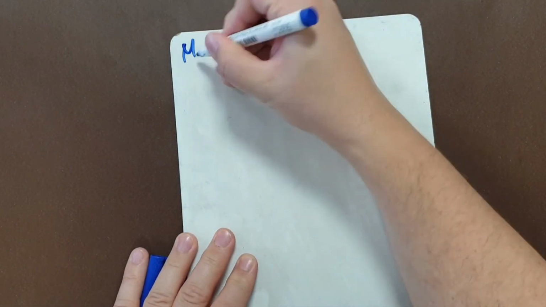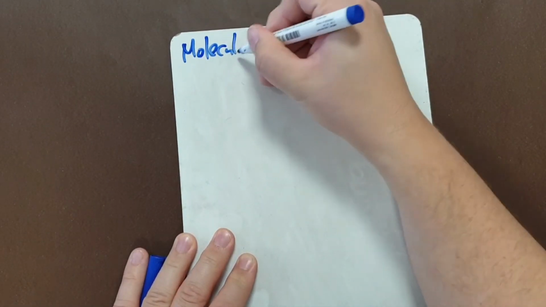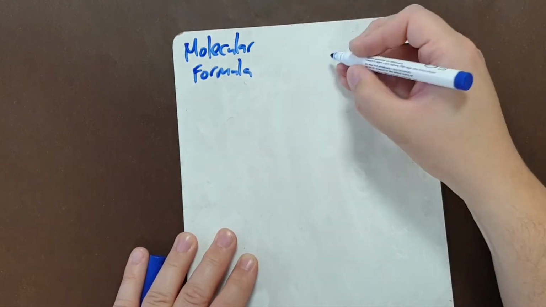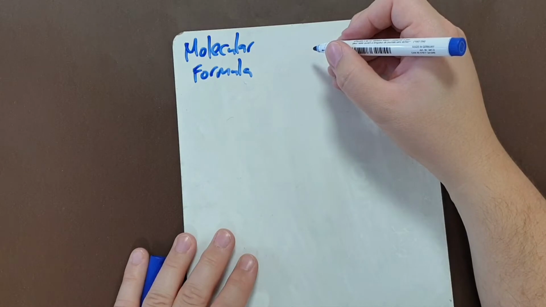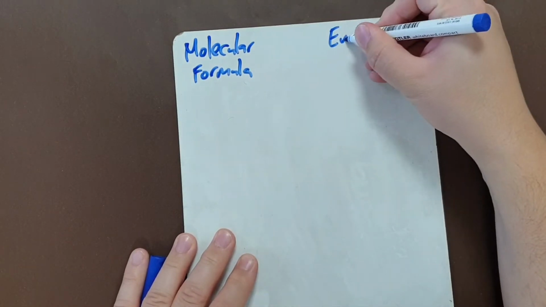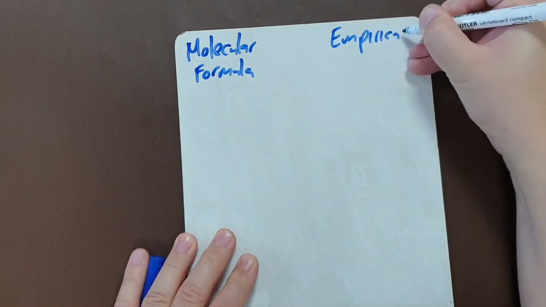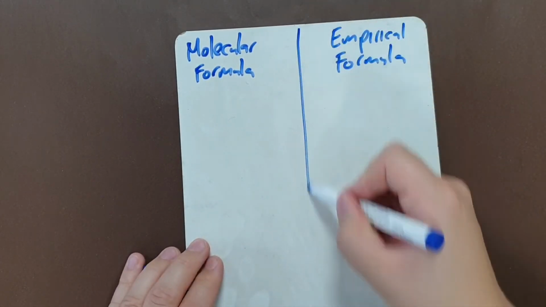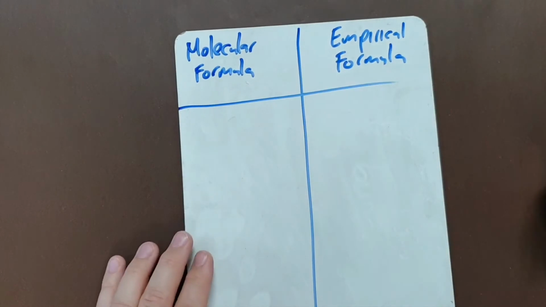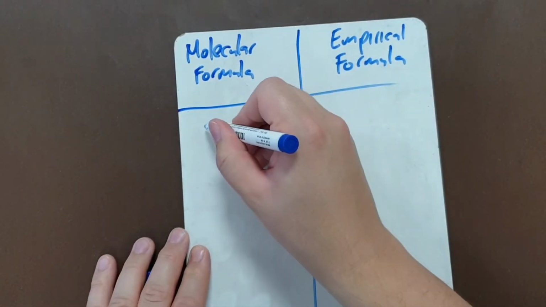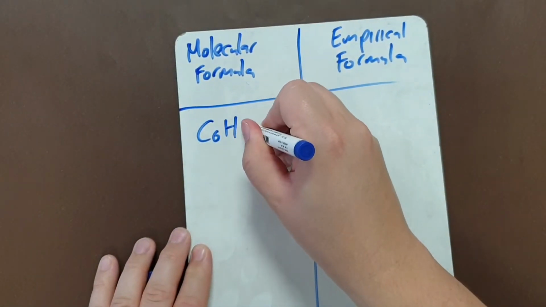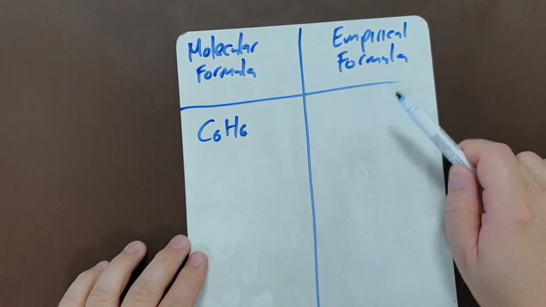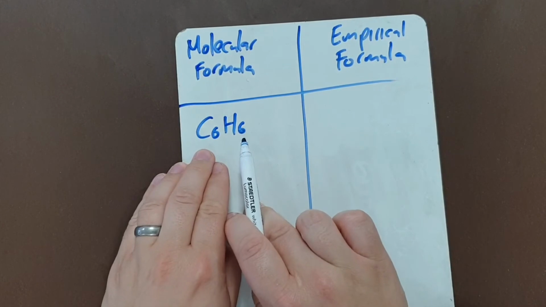So we've got molecular formula over this side, and the empirical formula over here. First one we'll look at, C6H6, and we need to find out how to simplify this.